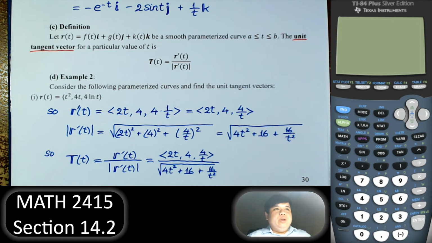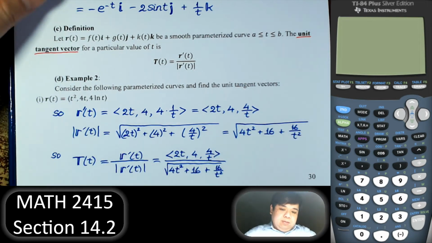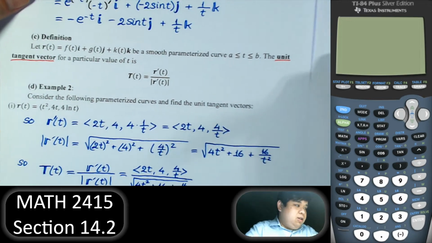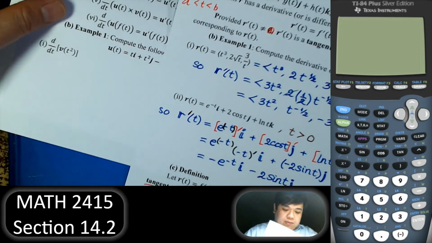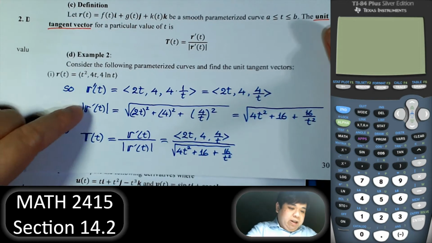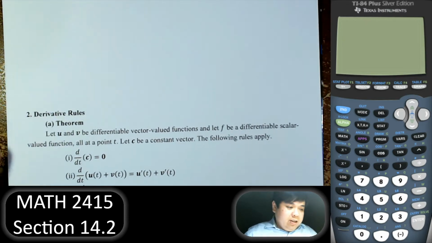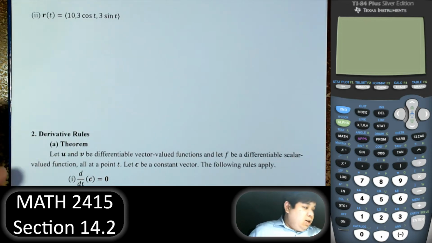Right, so that's all we do. The next example will actually simplify it. So the derivative over the magnitude of the derivative is the unit tangent vector.